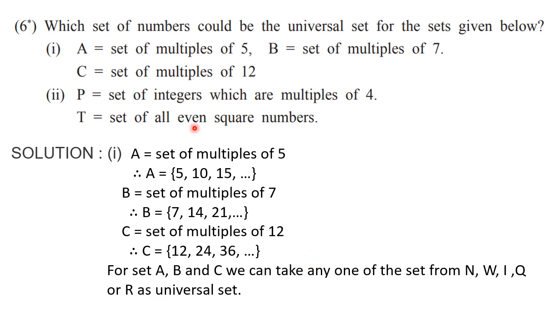So you have to think and write why in this case N and W are not possible. Because here integers are given. You know that natural numbers can be integers, but integers cannot be natural numbers. So in that way you have to write down the second answer also.